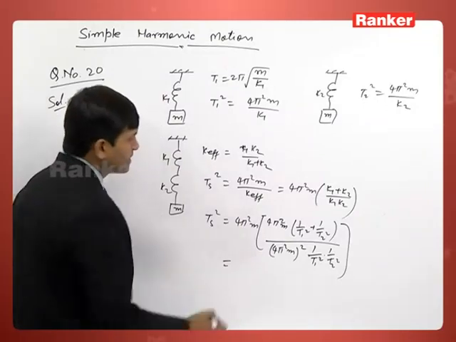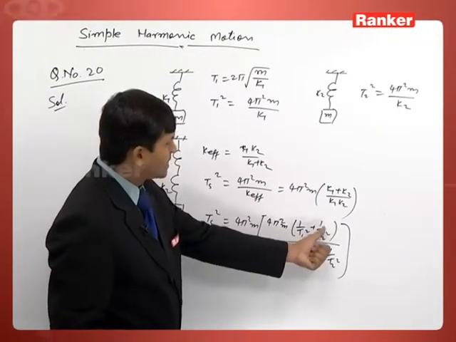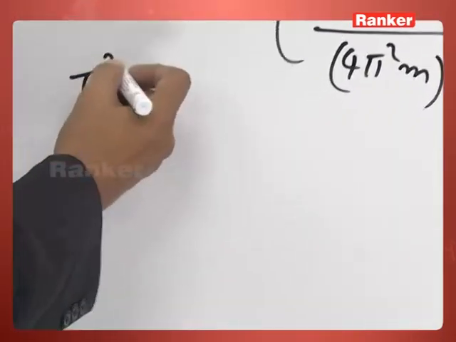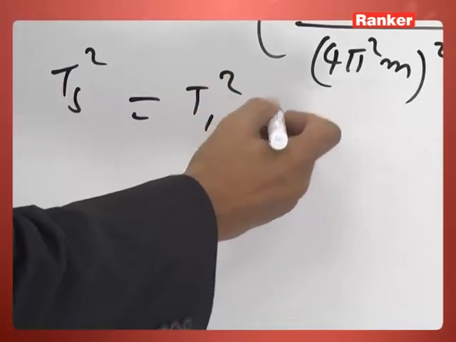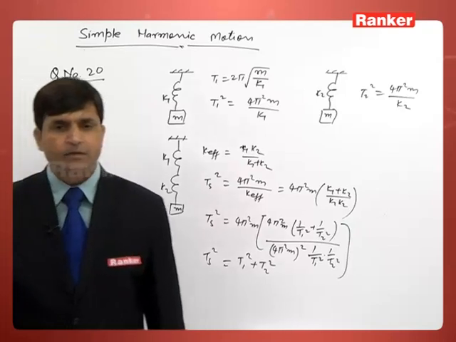So this and this cancel, leaving T1 square plus T2 square. So Ts square is equal to T1 square plus T2 square.